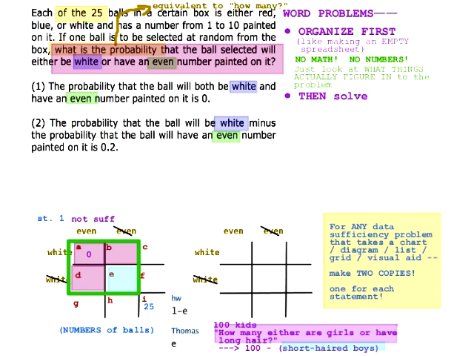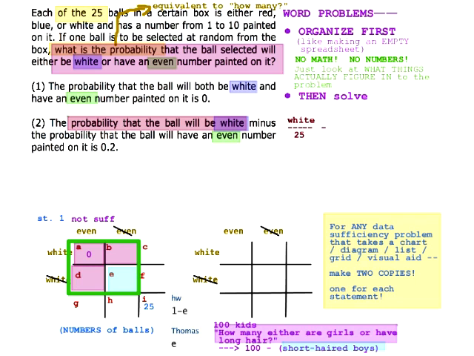So, let's just go ahead and write this literally in terms of what they give us. So the probability that the ball is white. Yeah, let's just straight up do it like that. Let's just write formulas for these things. So that formula is white over 25, is what it is. Minus is minus.